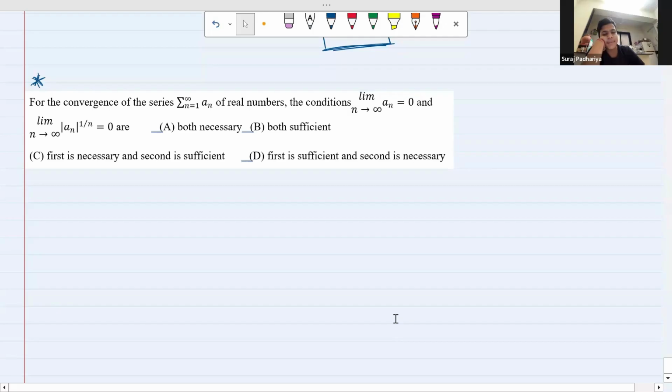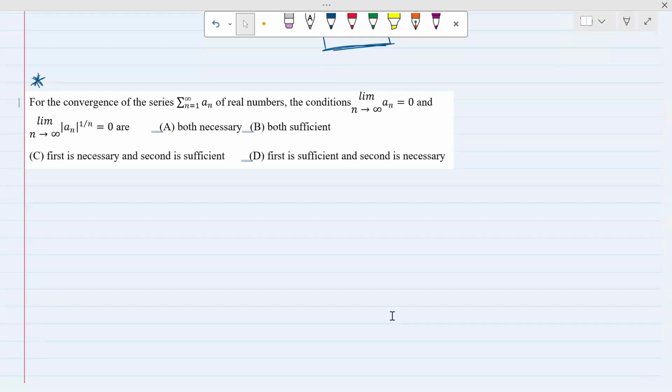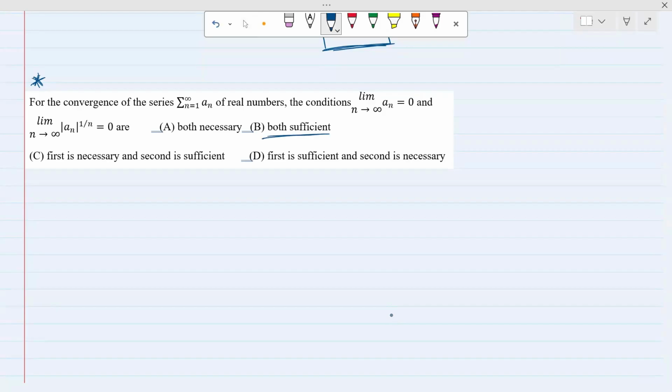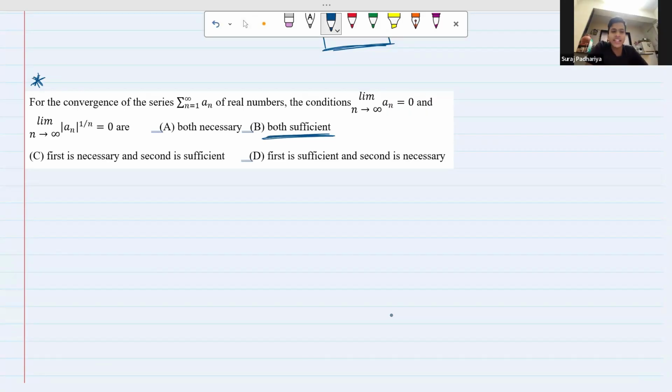Is it B? You mean B or D? B, sir. Okay, so you feel both of them are sufficient. Means if any of the conditions is proved, then maybe we can conclude.